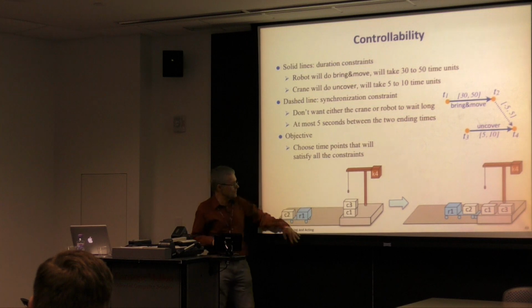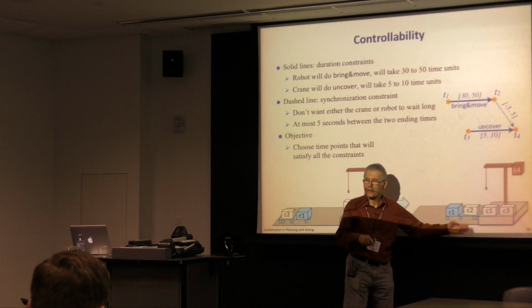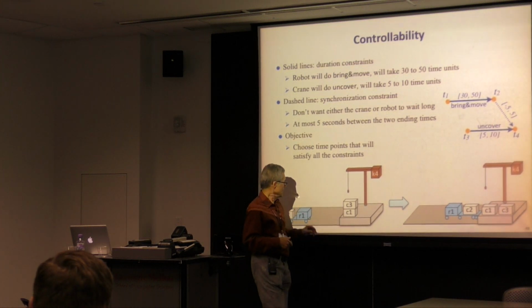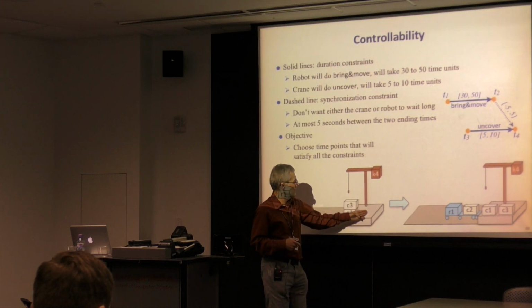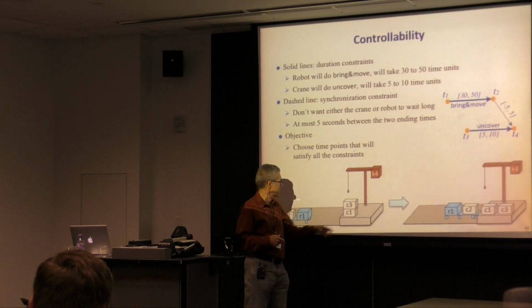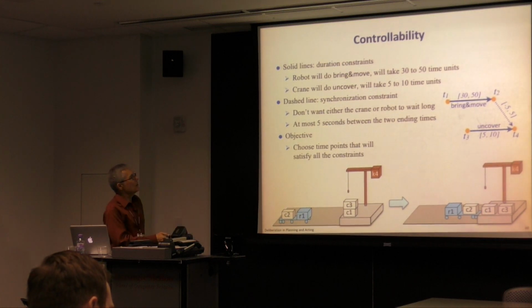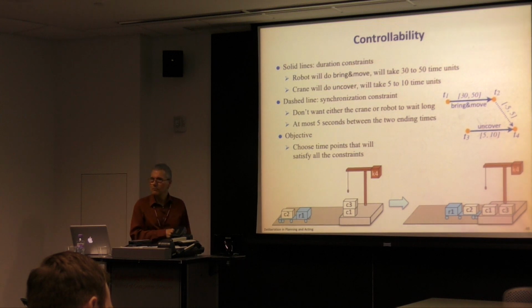Basically, it's going to bring this container here, and then it's going to move into a position to be attached to the loading dock. And then once it has done that, the crane is supposed to pick up this container and move it elsewhere to make that clear so that presumably it can put that on top of it. So what we have is this thing that involves the bring and move action and the uncover action.